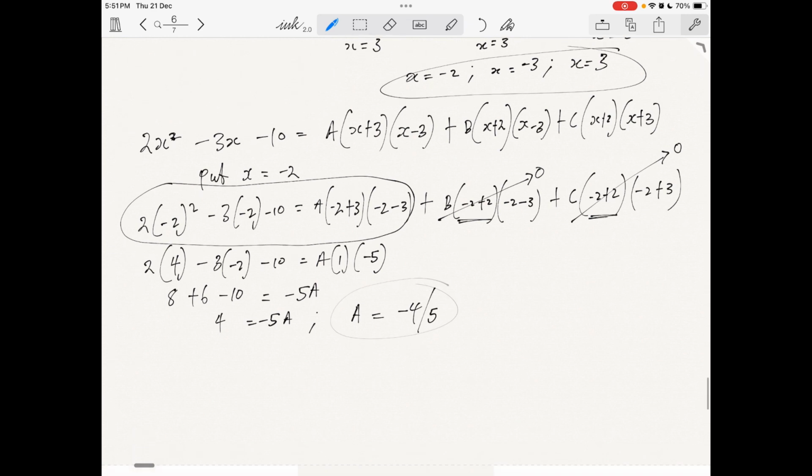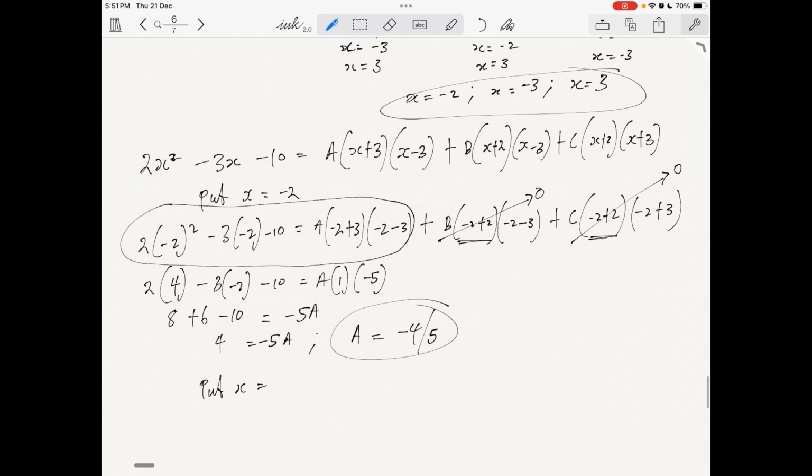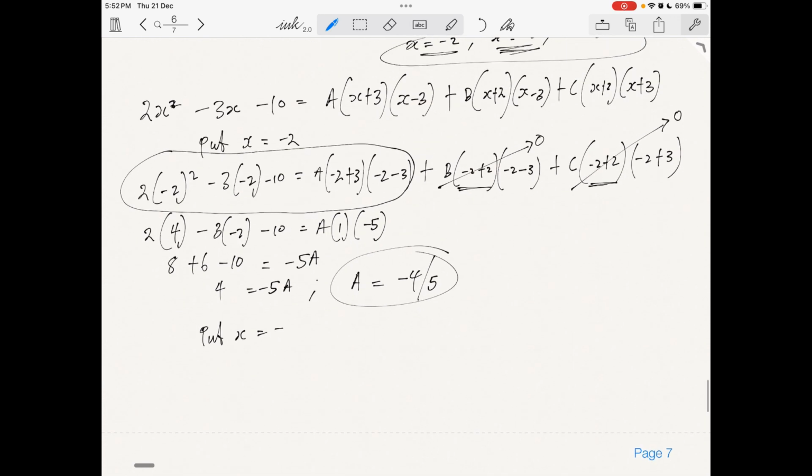Alright, so what next? Let's put x to be equal to 3. I believe, no, the next one is minus 3. We've done this, now let's do minus 3. So wherever we see x, we put minus 3.